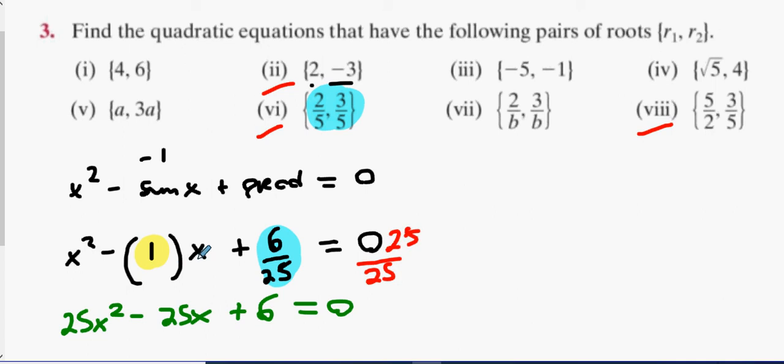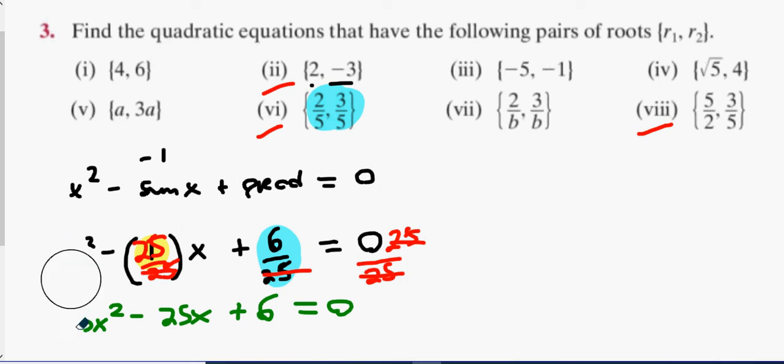This one will have a 25 on top, a 25 on the bottom. This one will have 25 on top and 25 on the bottom. Because it's an equals question, all the 25s on the bottom don't matter, and then you're just left with your answer. Okay? We're going to do another one now anyway.